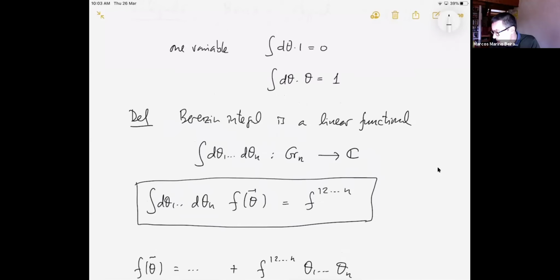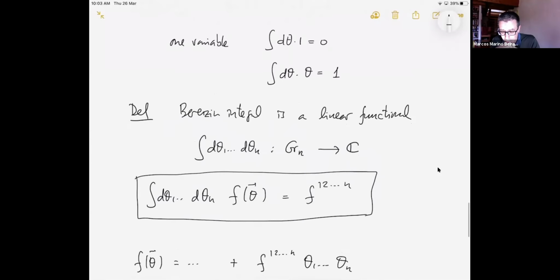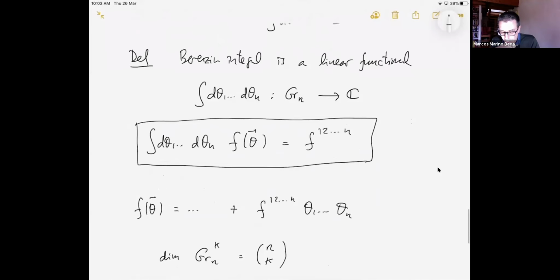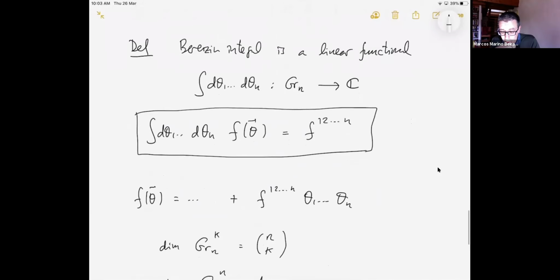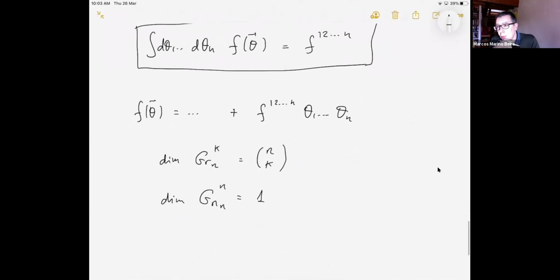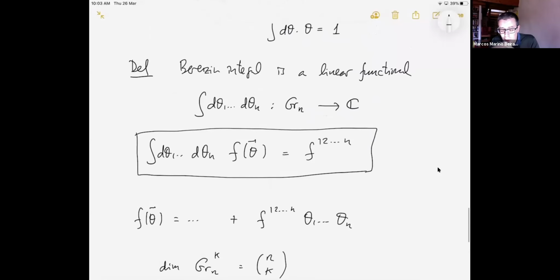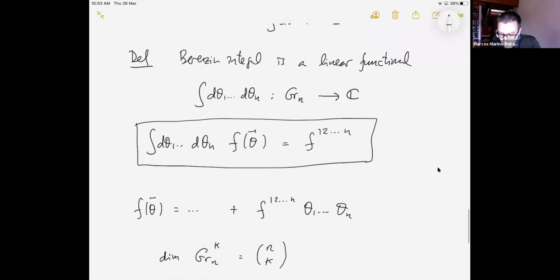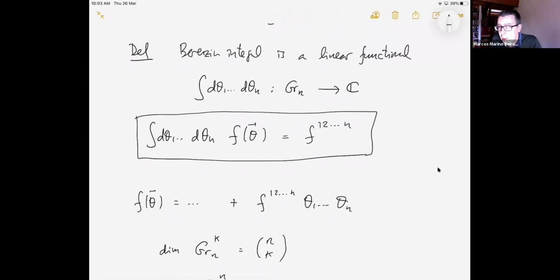This definition was motivated by various constructions in quantum field theory, but we're just taking it as a definition of the integral. As I said, integration with anti-commuting variables is very simple, because it essentially just picks one term in the polynomial. It's really trivial. Life would be much easier if all the variables were anti-commuting.